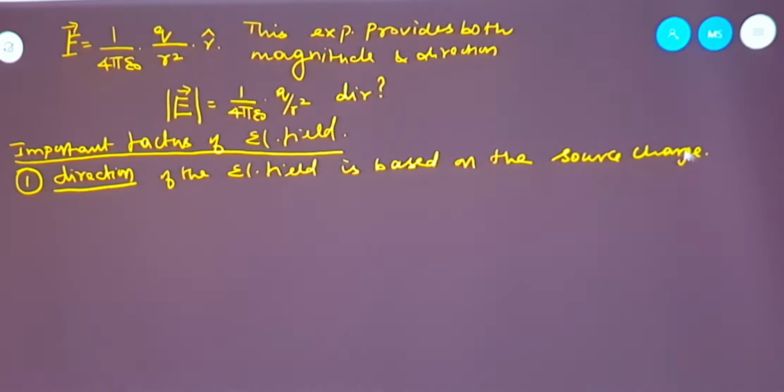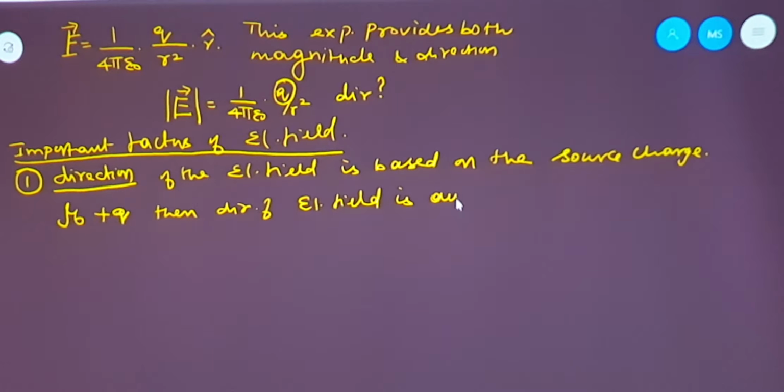The source charge means the charge that you have considered initially, Q. Another one is the test charge Q0. If the source charge is plus Q, then the direction of electrical field is away from the charge.